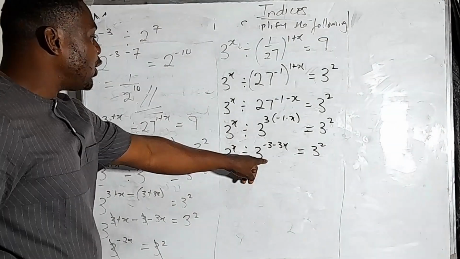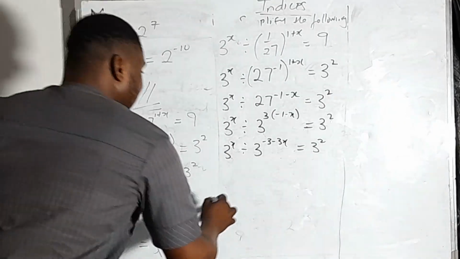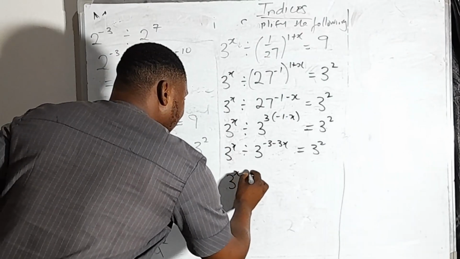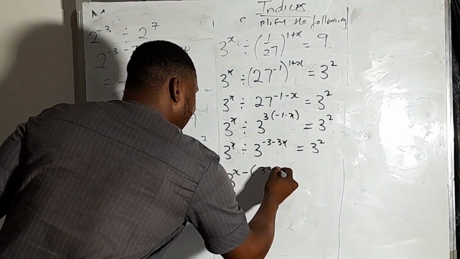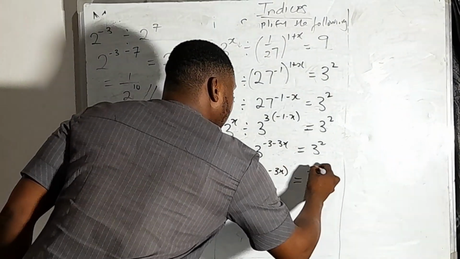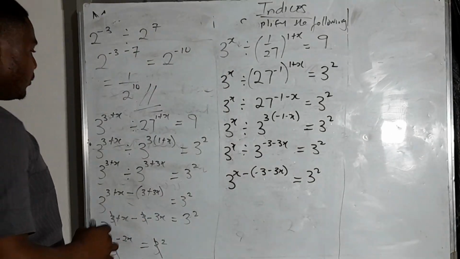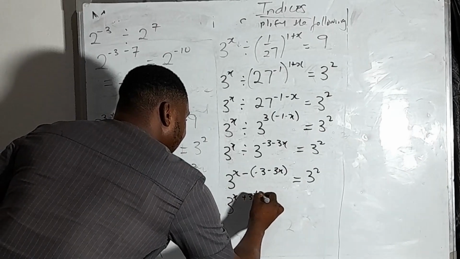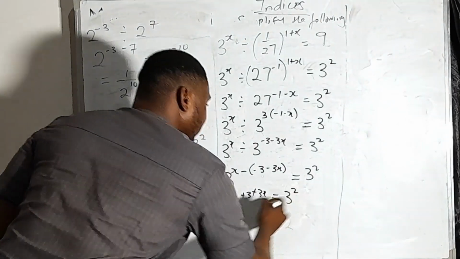So applying the division law at this left hand side, we have 3 raised to the power x minus minus 3 minus 3x equals 3 raised to the power of 2. 3 raised to the power x plus 3 plus 3x equals 3 raised to the power 2.